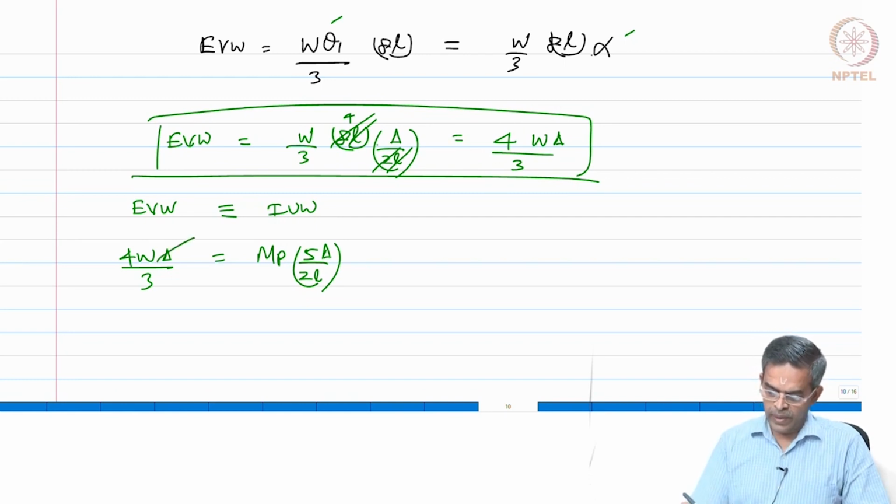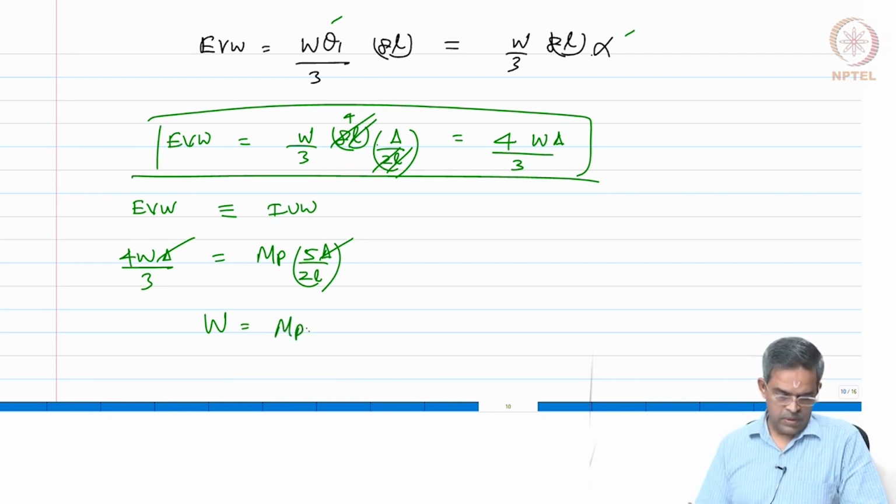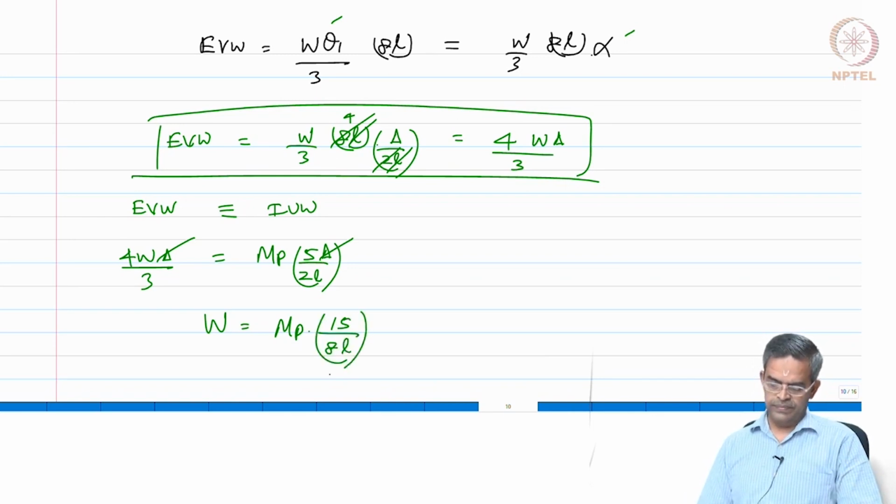So, now delta goes away, I can straight away find W as MP times of 15 by 8L, okay.